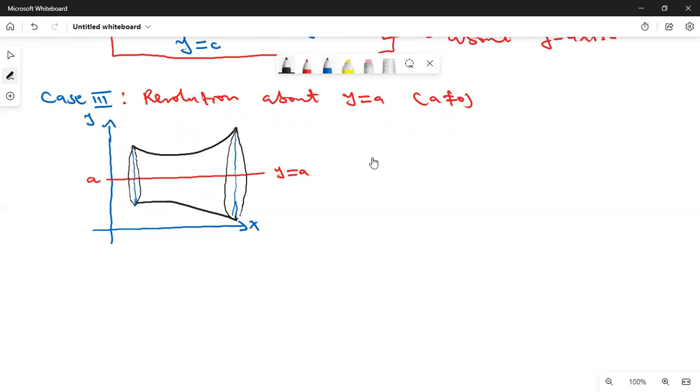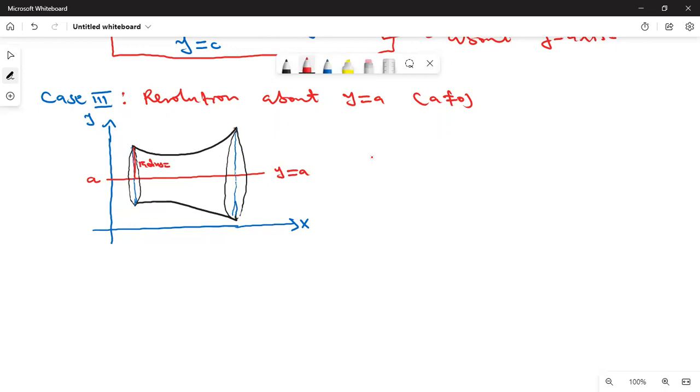Now, what is the radius? Let me extend this x-axis. So now look at the radius. The radius is the distance from here to here. It keeps on changing. Is it still y?